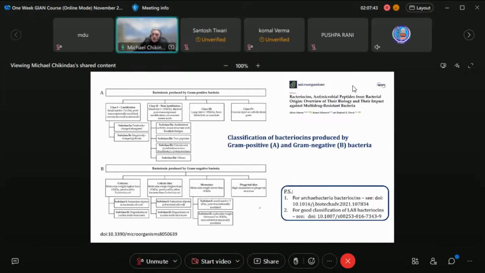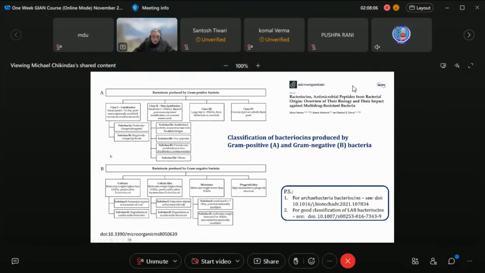Colicins perhaps are the first discovered. Information for the bacteriocins from Archaea, and this is where I will point your attention to Dr. Green, who is working on them.